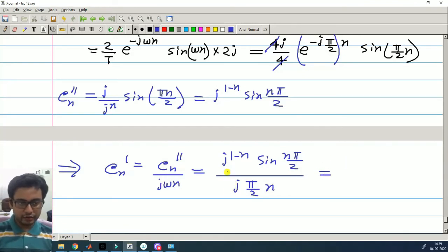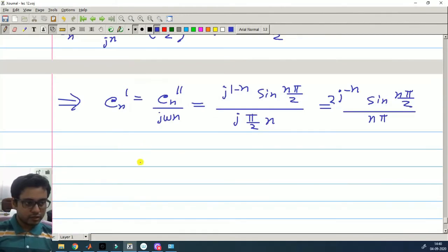So we will have j to the power minus n, then sine n pi by 2 divided by n pi, and these two we can put above.